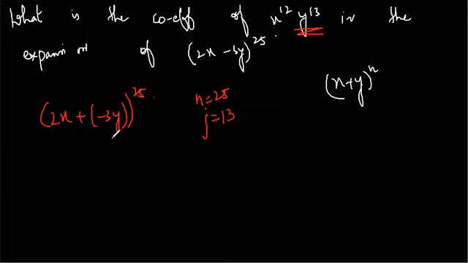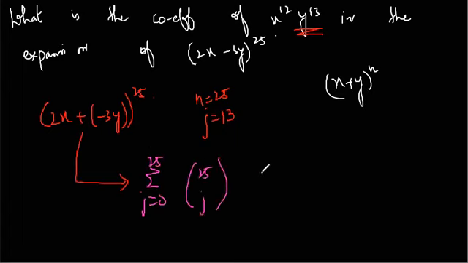So now let's expand this over here. This can be written as the sum over j is equal to 0 to 25 of 25Cj (2x) power 25 minus j into (minus 3y) whole power j. So to find the coefficient, we are supposed to take the expansion of x power 12 and y power 13. j is 13 over here.